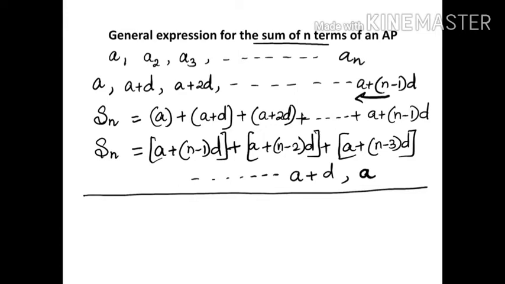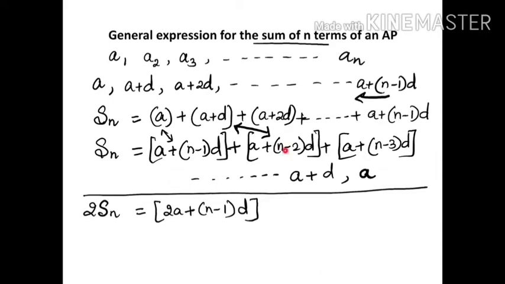So on the left hand side, we get 2 times Sn equal to, on the right hand side we will add the first terms of the two expressions. So a will be added to a plus (n minus 1)d, and that becomes 2a plus (n minus 1) times d. Then we will add the second terms of the two expressions.